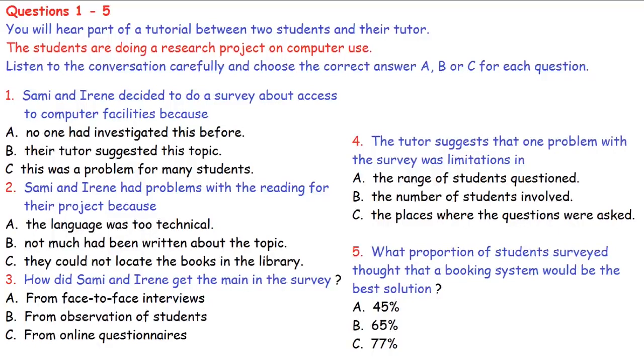But the Open Access Center has an online questionnaire on computer use that it asks all the students to do at the end of their first year, and the supervisor gave us access to that data. So we used it as a starting point for our research. It wasn't exactly what we needed, but it gave us an idea of what we wanted to find out in our survey. Then we designed our own questionnaire.